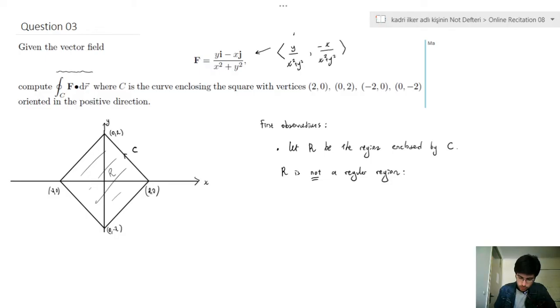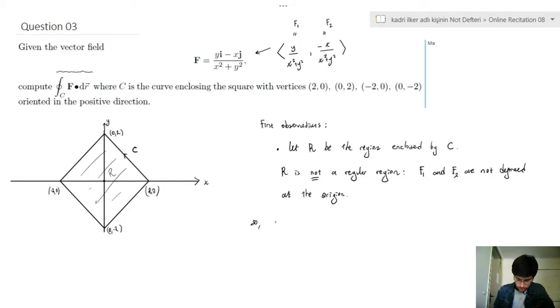Those component functions, f1 and f2, are not defined at the origin. So the origin is where the problem occurs. It causes a problem.